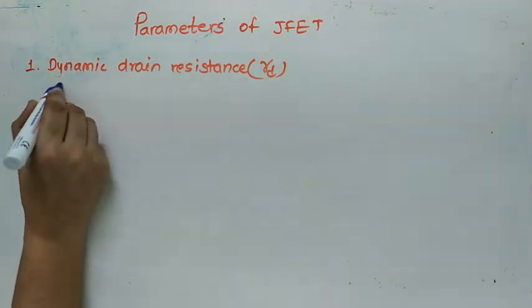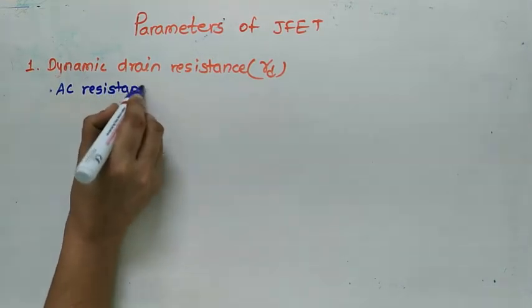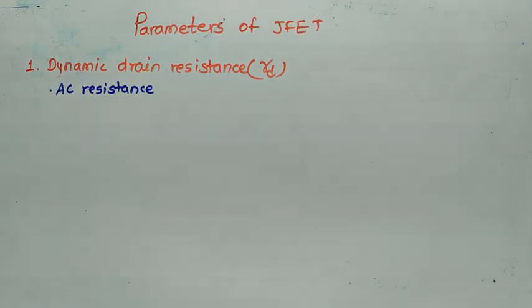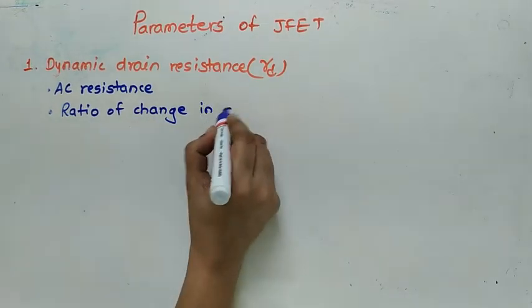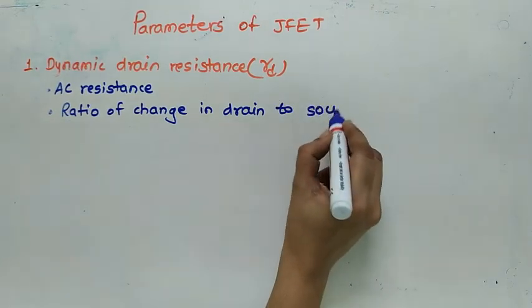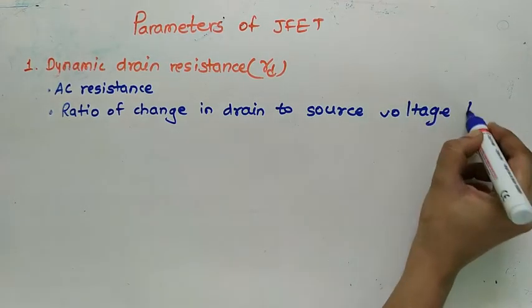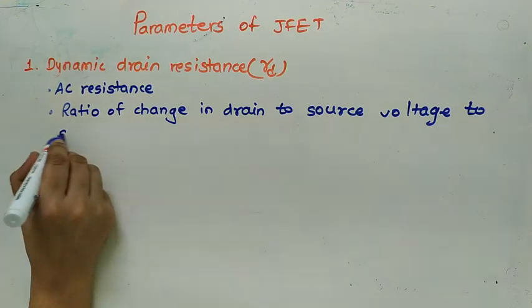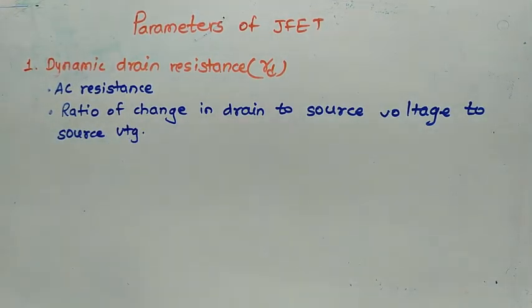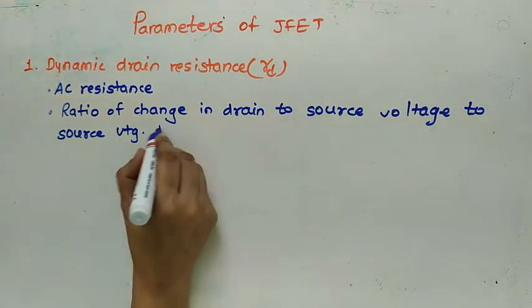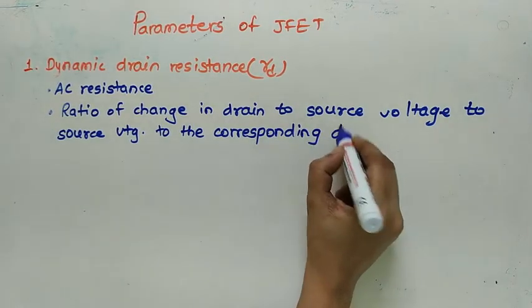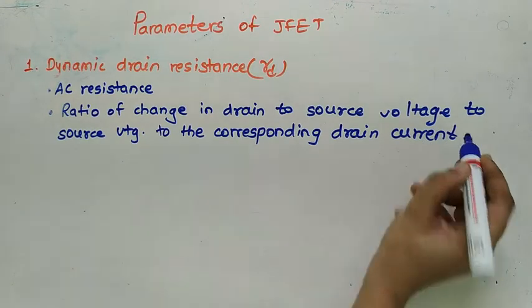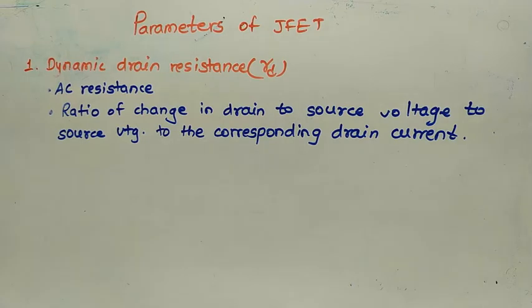This dynamic drain resistance is the AC resistance of JFET, and it is defined as the ratio of change in drain to source voltage to the change in drain current, at a constant value of gate to source voltage.